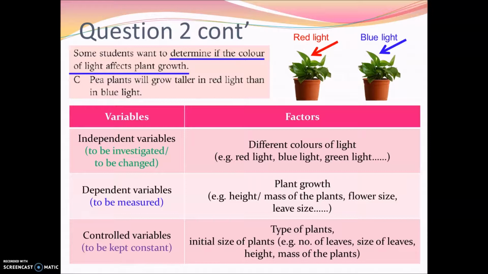Because we are comparing two types of plant in option D. But the CV also consists of the type of plant. We only use one type of plant. We need to make it fair. So that's a way for us to determine IV, DV, and CV.